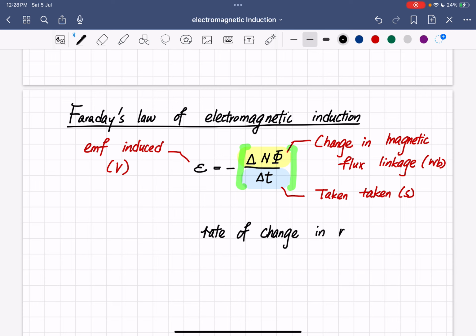So, rate of change of magnetic flux linkage. And it turns out that Faraday's law tells you that the EMF induced is just equal to the negative of the rate of change of flux linkage. So this is essentially Faraday's law.